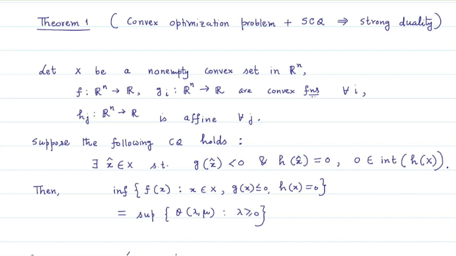Now, in this theorem 1, we notice that we are mentioning a strong duality result for a convex optimization problem. But can we give a condition for a general optimization problem, even for a non-convex optimization problem? Towards this, we require a saddle point condition.